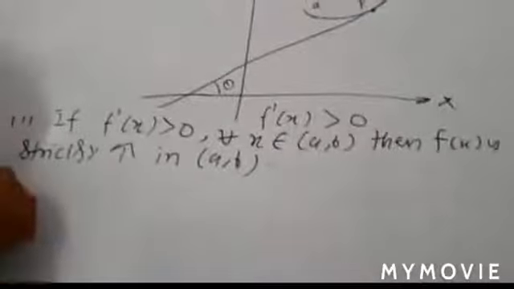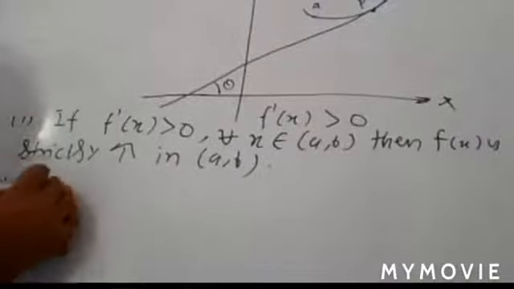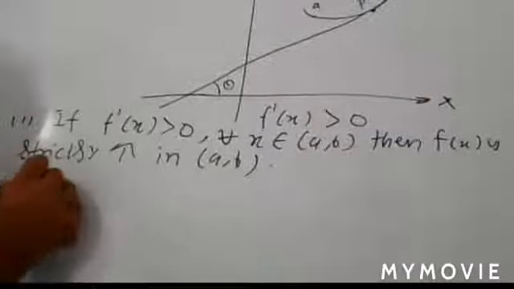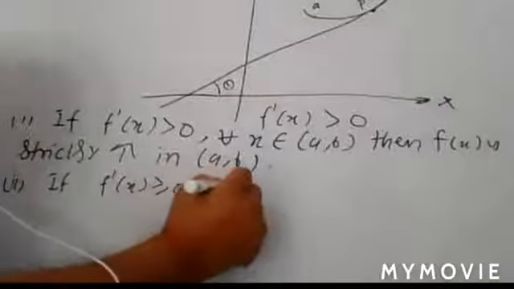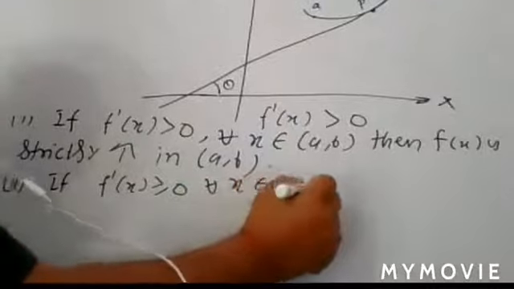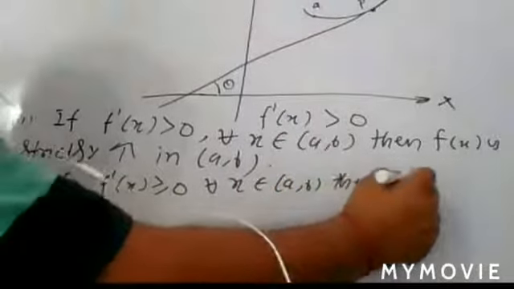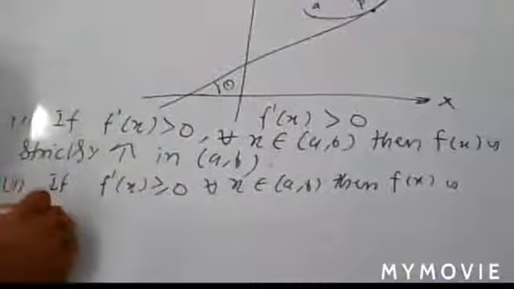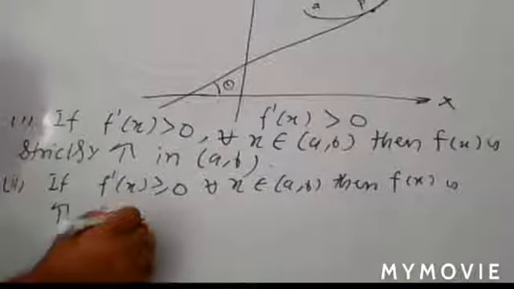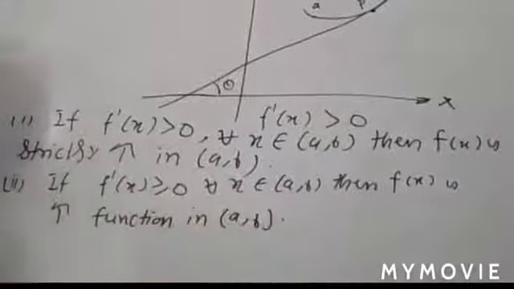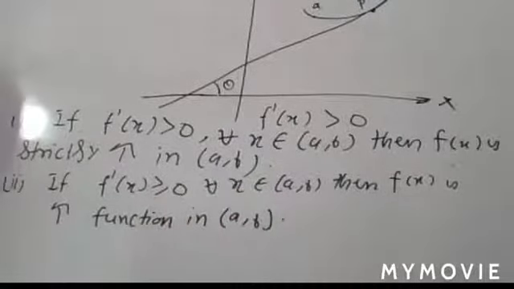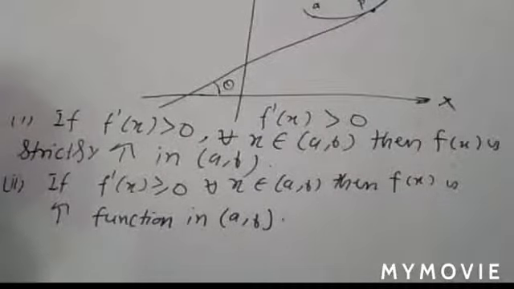And second point, if f dash x greater or equal to 0 for all x belongs to AB, then fx is only an increasing function in open interval AB. So this is the condition for strictly increasing and increasing function with the help of derivative.